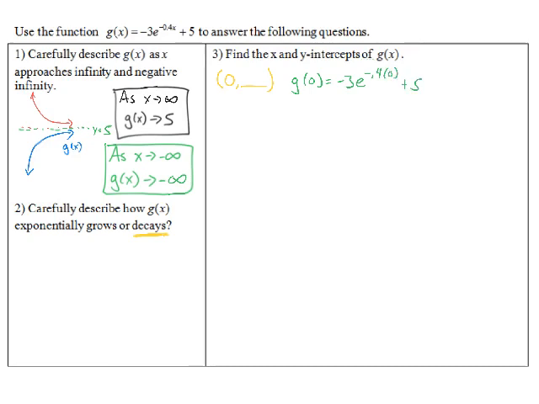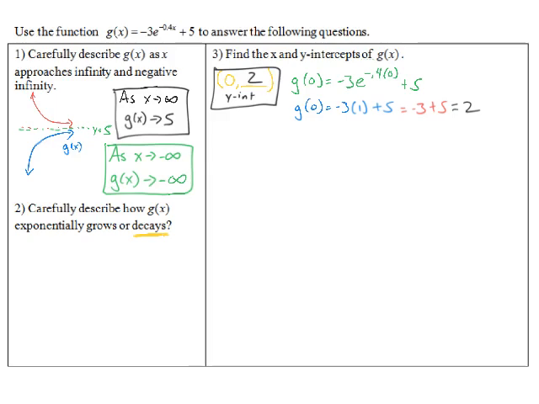When I do that, what I get is g of 0 equals -3 e to the 0 power, and anything to a 0 power is 1, so that becomes a 1 right there, plus 5. Now I simply do -3 times 1 is -3, plus 5, which equals 2. So my answer is 2. This is my y-intercept. Boom. Right there.